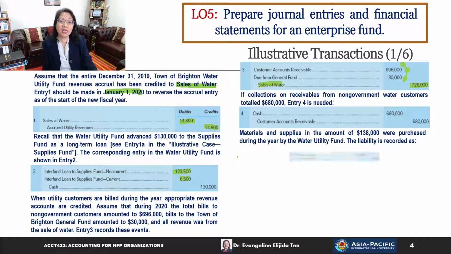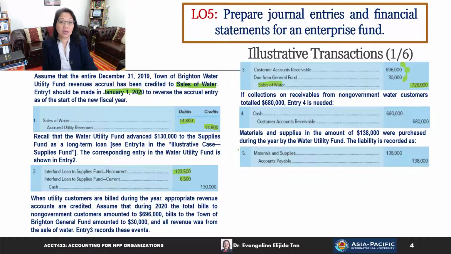We'll record the liability as follows: debit materials and supplies 138,000. It increases our asset of materials and supplies, but it also increases the accounts payable for 138,000. So we will credit accounts payable to increase our liability.